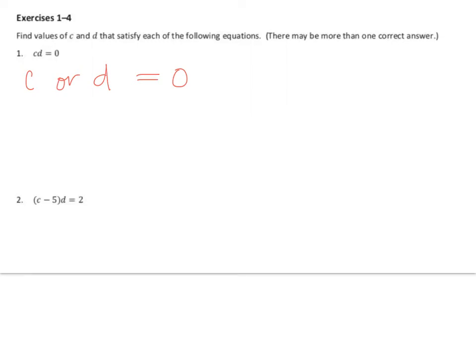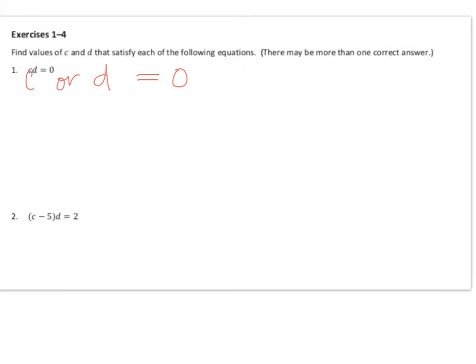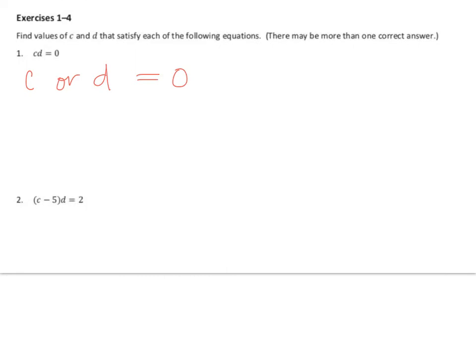Okay, with this next one, there are actually a ton of different correct combinations for C and D. Infinite. You can give me any answers as long as they work together. If we pick something for C, we have to pick only one thing for D, etc. So let's just think about it. Let's say D were equal to 2.